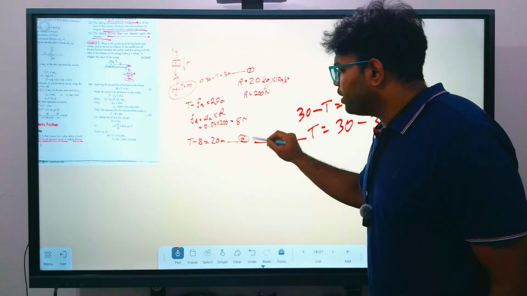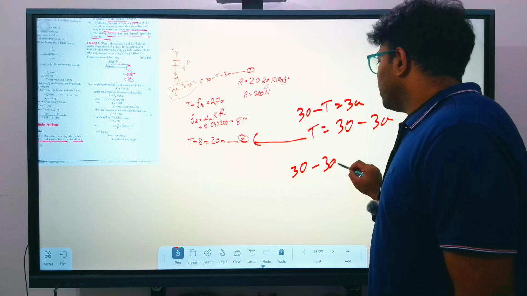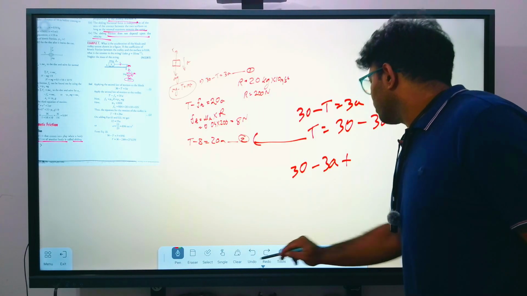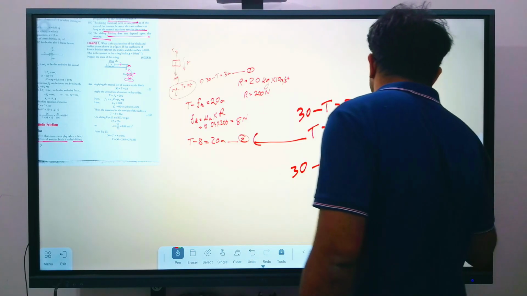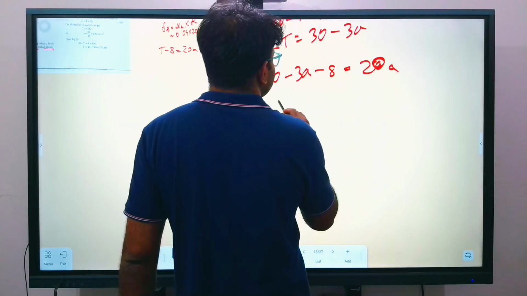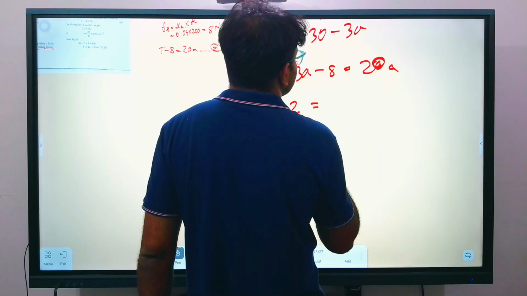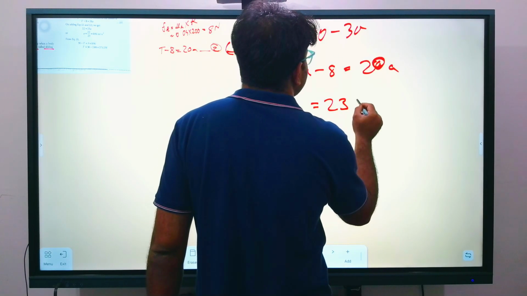I am putting the value of T in this equation. So I'll get 30 minus 3a minus 8 is equal to 20a. So 30 minus 8 is 22, which is equal to 20a plus 3a, so 23a.